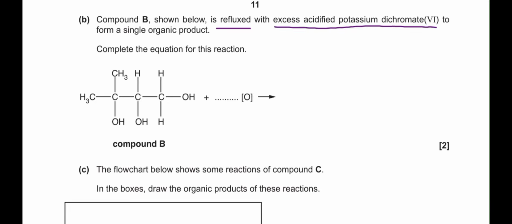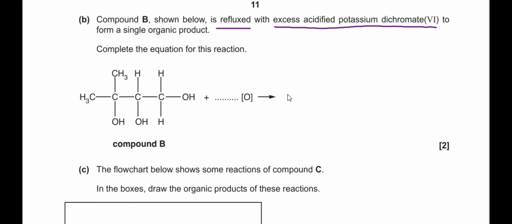So this is quite easy to write if you just remember what happens to the 3 types of alcohols if they are oxidized. The primary alcohol is oxidized all the way to carboxylic acid if it is under reflux, and the secondary alcohol gets oxidized to ketone, and the tertiary alcohol does not get oxidized at all.